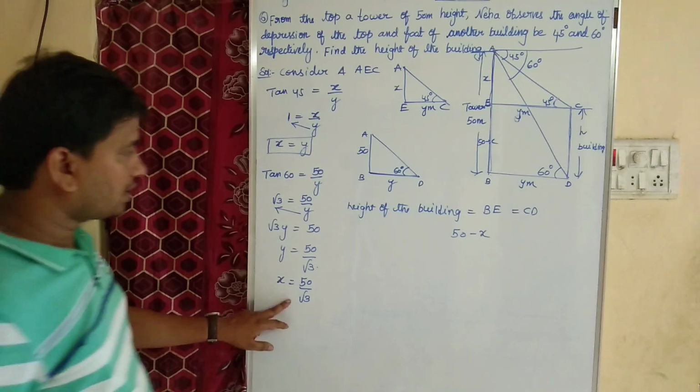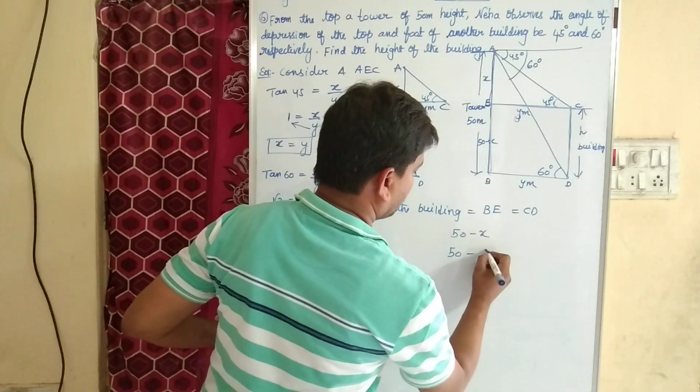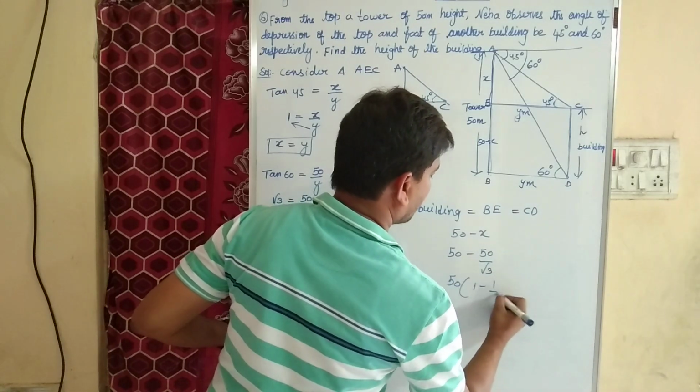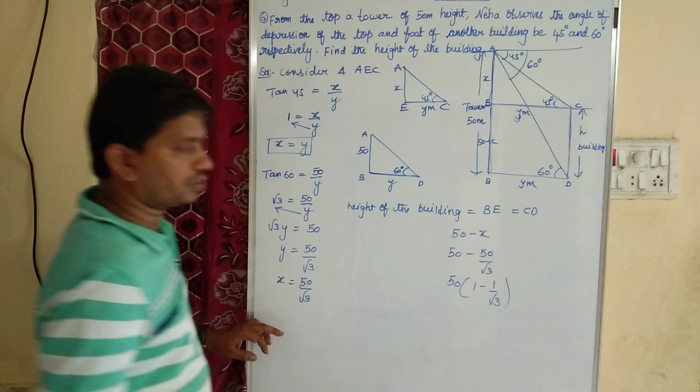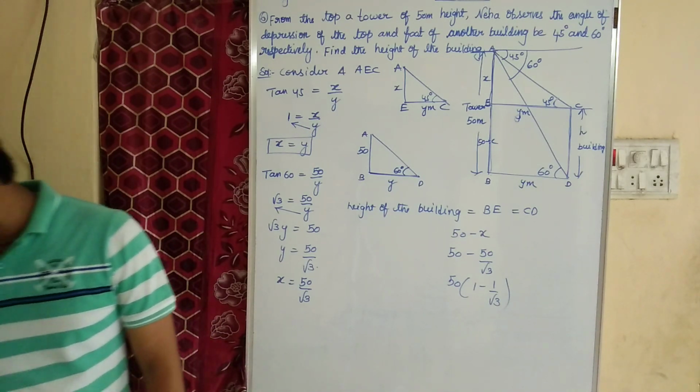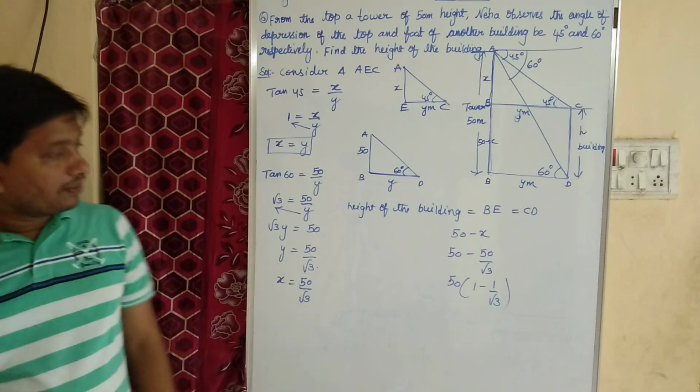What is x, children? x is 50 by root 3. If I take 50 common, I'll get 1 minus 1 by root 3 meters, right? 50 minus 50 by root 3.